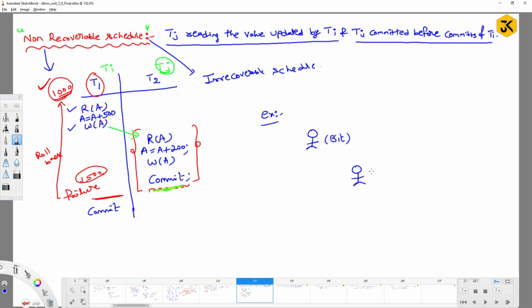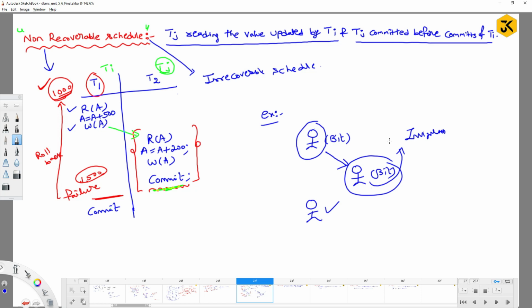So once he has copied, he is updating the data which was written by his friend, and he has updated his own too. Now before the actual person submits, he has submitted to the examiner. Later, the actual person tries to modify, because he thought there were certain mistakes. He tried to modify. At that time, what will happen? The person who has copied is going to get wrong marks. Right? This is going to be irrecoverable, meaning that he cannot get back the actual marks. This example clearly defines the non-recoverable schedule.